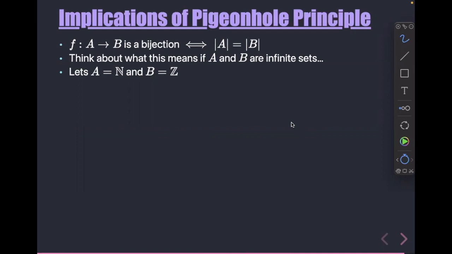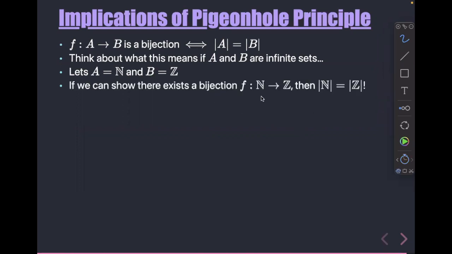And then I could show some F that maps from N to Z that is a bijection. So say I define some bijection F that starts from the set of natural numbers and ends in the set of integers, then that means the set of natural numbers is the same size as the set of integers.